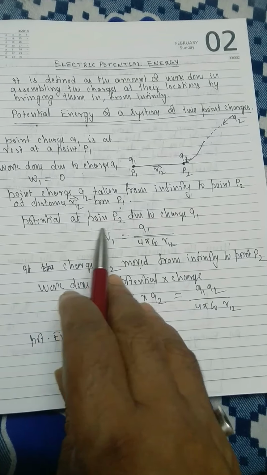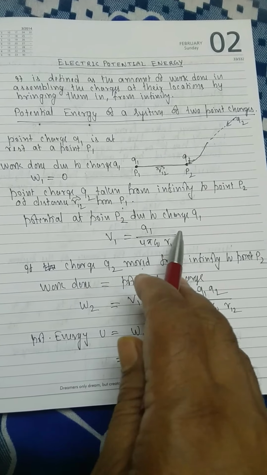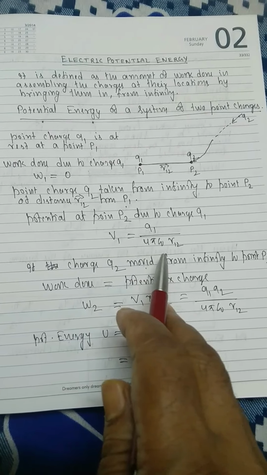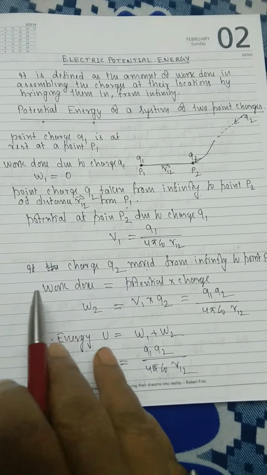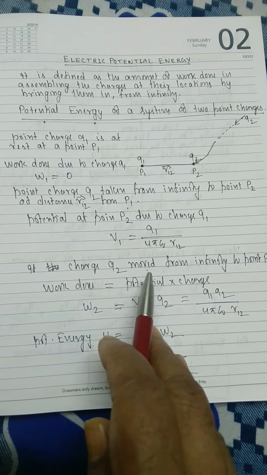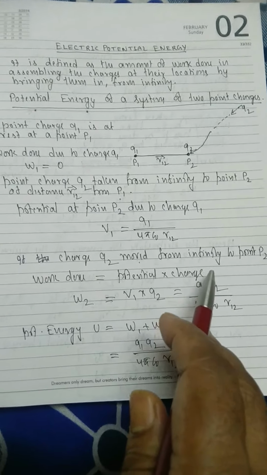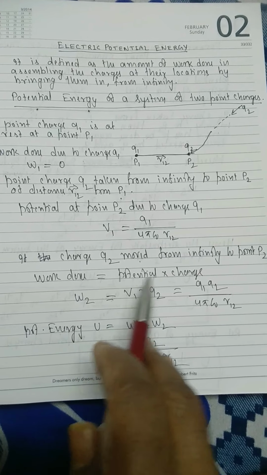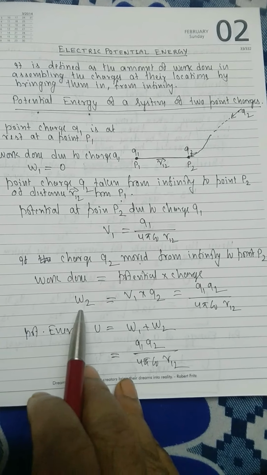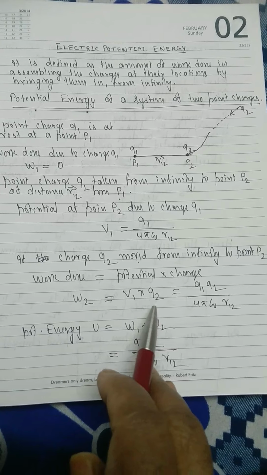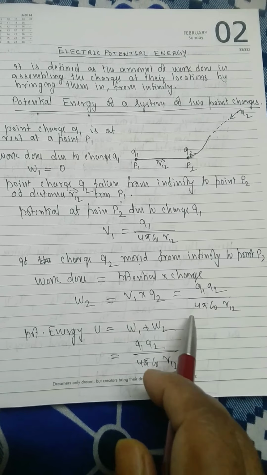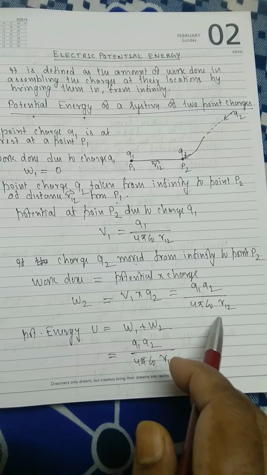Then the potential at point P2 due to charge Q1, V1, equals Q1 by 4 pi epsilon naught R12. If charge Q2 is moved from infinity to point P2, then work done equals potential into charge. So W2 equals V1 into Q2, which gives Q1 Q2 by 4 pi epsilon naught R12.